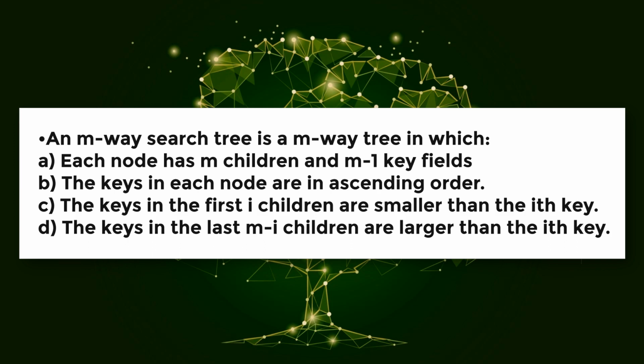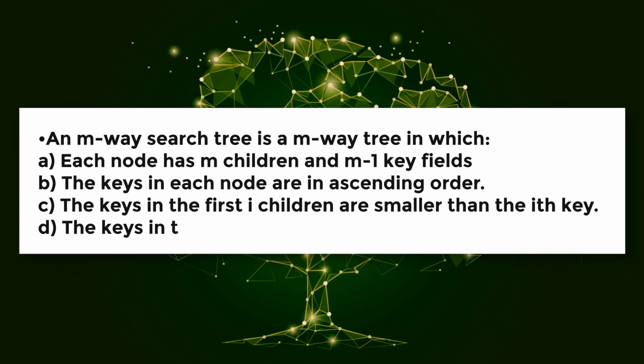M represents the children, and the last children are larger than the ith key. The last key node having a right child, and all the right child successor data are greater than the key data. So the first i children's data are less than the key data, and the last i children's data are greater than the key data.